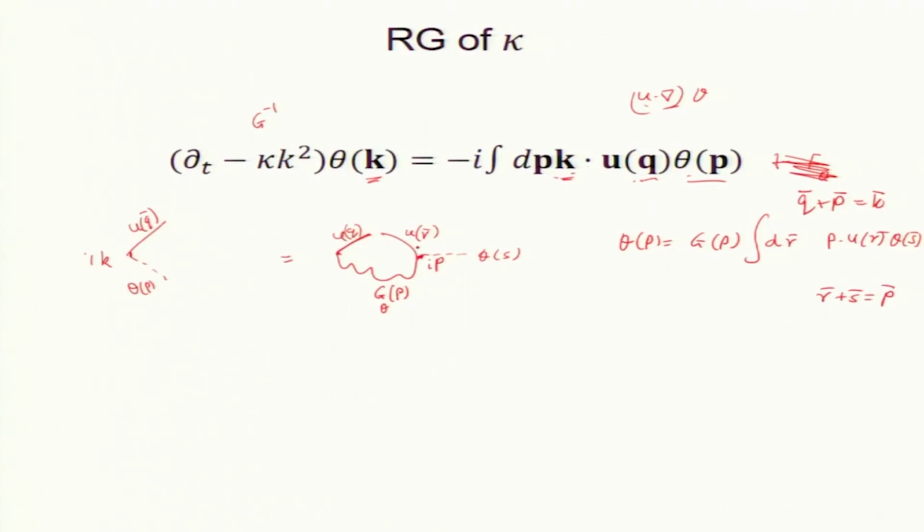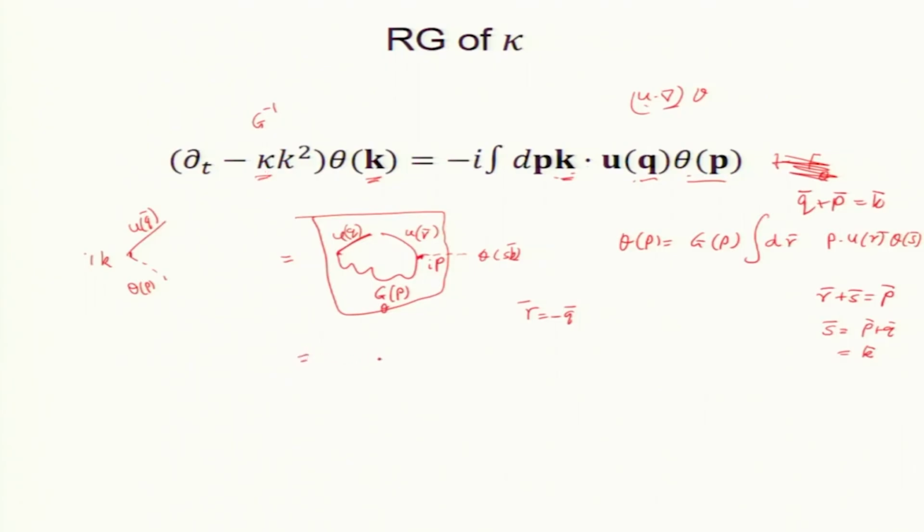Okay. Now, what should r be in terms of q? r should be minus q, right, to get a non-zero value. If r is minus q, then what is s here? What is s? p plus q, which is k. So, this is theta of k. So, this part of the diagram is going to give me the correction to kappa, right, that is what we did before.